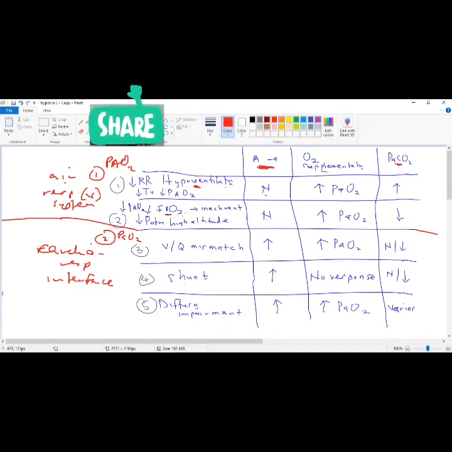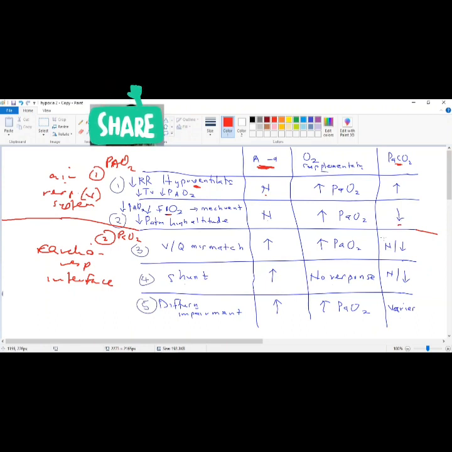But if the problem is the air quality, if the reason capital A O2 is low is because of the air quality, FiO2 is low, atmosphere or high altitude and stuff, the compensation will be what? Increased respiratory rate, right? The respiratory system will compensate. So if air is the problem, the respiratory system will compensate by hyperventilating. So what happens to CO2? I'm going to blow it off, right?